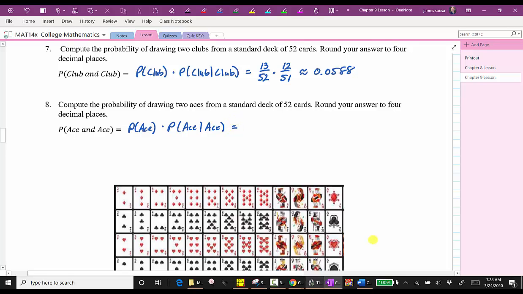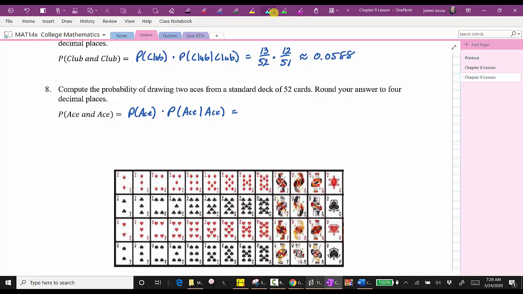Let's go ahead and highlight the aces, which are here on the right. There are a total of 4 aces out of the 52 cards. The probability the first card is an ace is 4 divided by 52, or 4/52, times the probability of an ace given the first card is an ace.